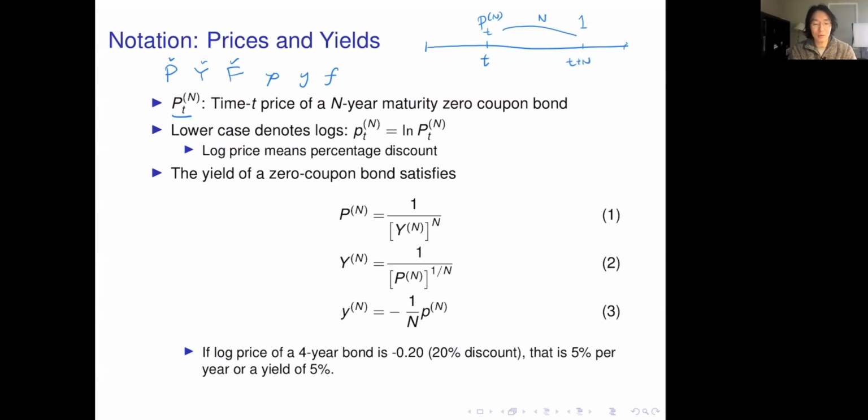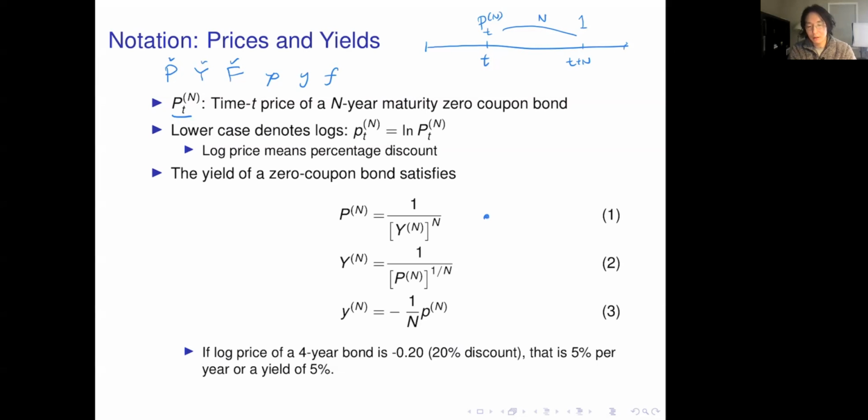And this price is going to be represented like this. And log prices are very much easier to deal with in many cases, so we will use log prices many times. And the yield and the logs are related in this relationship.